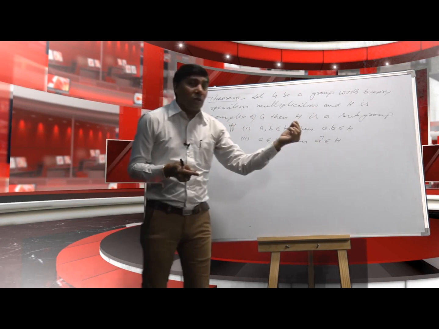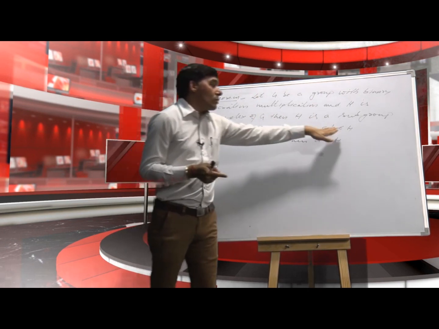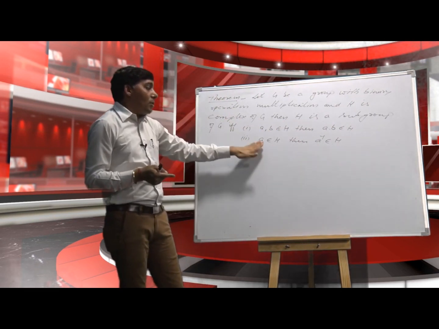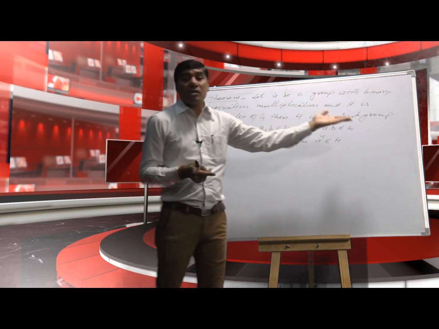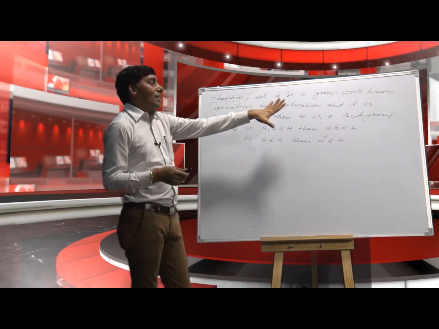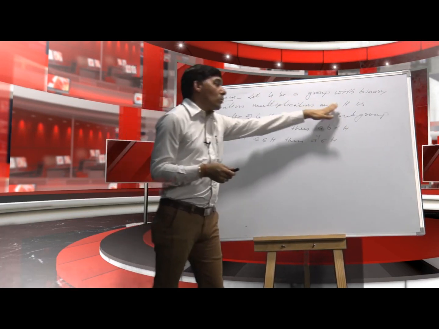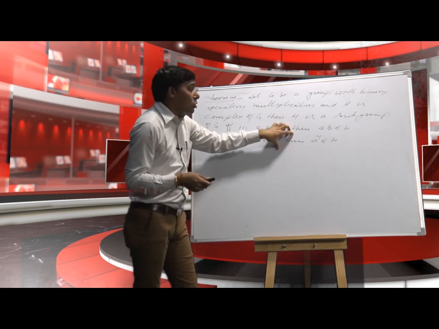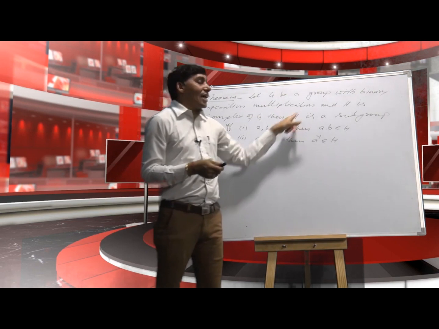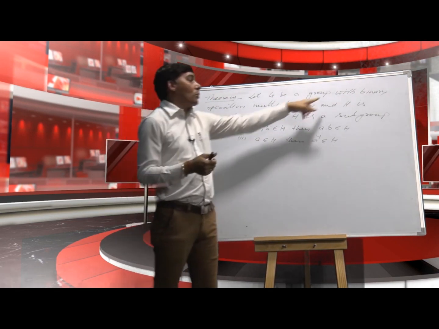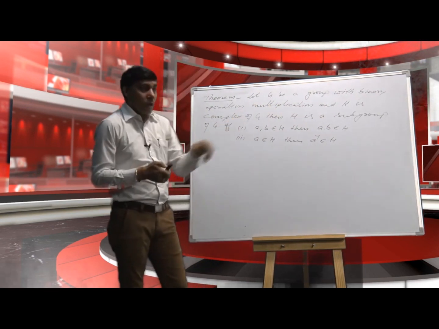First, if two elements belong to H, then their product a into b belongs to H. Second, a belongs to H, then a inverse also belongs to H. It is a necessary and sufficient condition. That means if H is a subgroup, then it satisfies these two properties. If H satisfies these two properties, we have to prove that H is a subgroup, that means H itself is a group with binary operation multiplication.